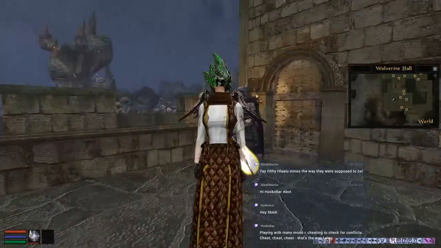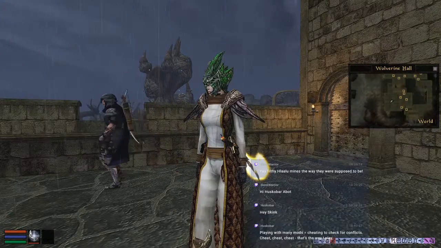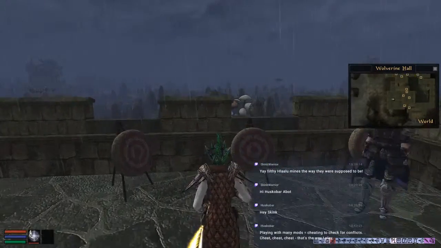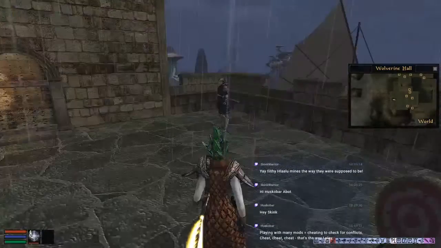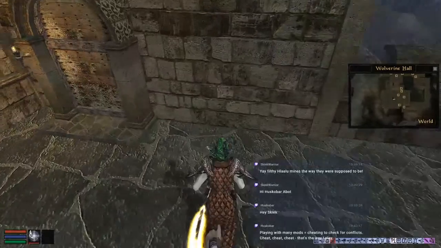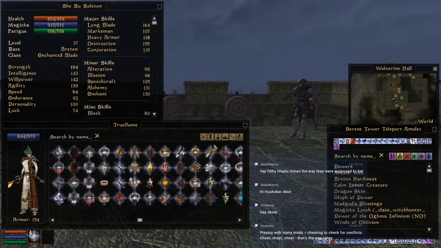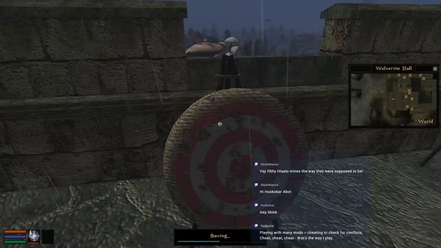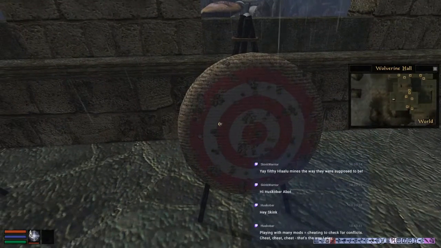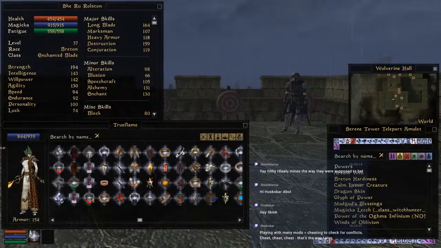And we have the usual problem. Let's see. So let's try and use these, I don't remember how they are called, practice targets and bound bow.